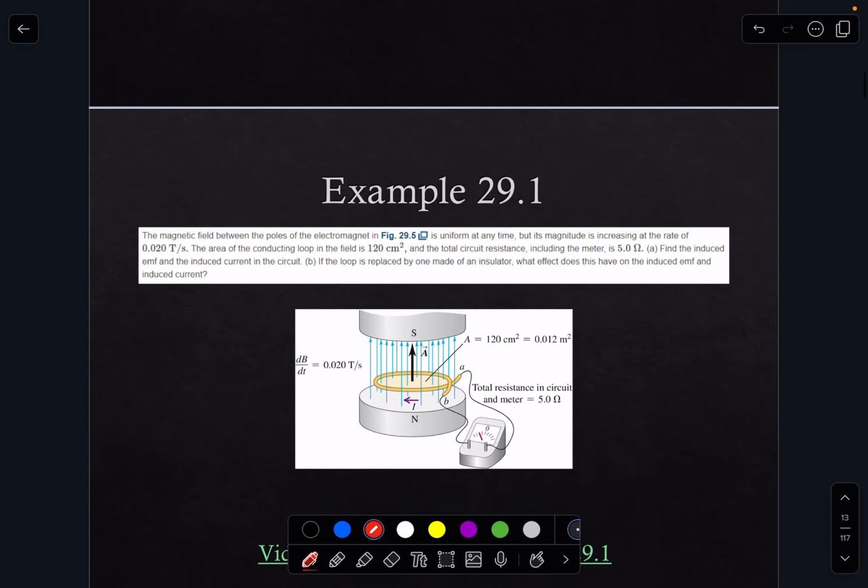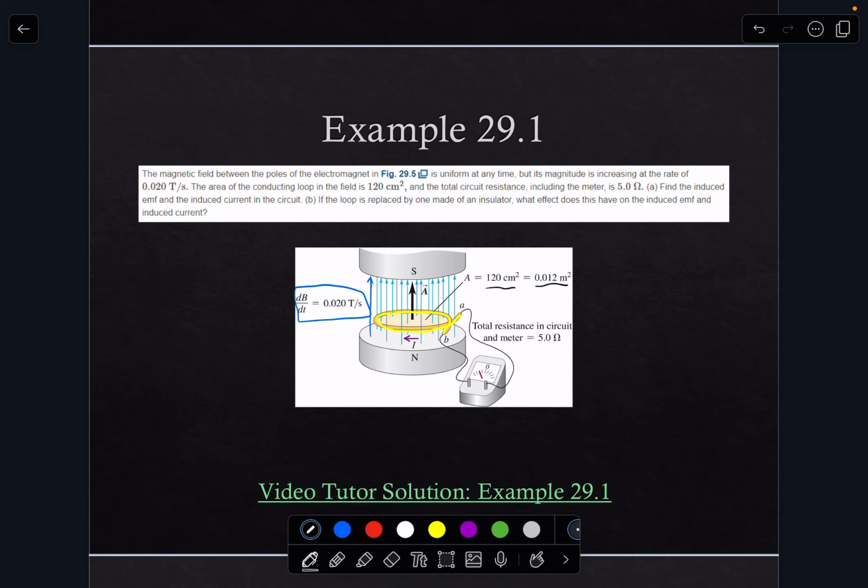We're given the area of that loop, which is constant. Okay, the area is 120 centimeters squared, which comes out to be 0.012 meters squared. And then finally, we're told that the total circuit resistance, the circuit being made of this loop and the meter, the resistance of that is 5 ohms.